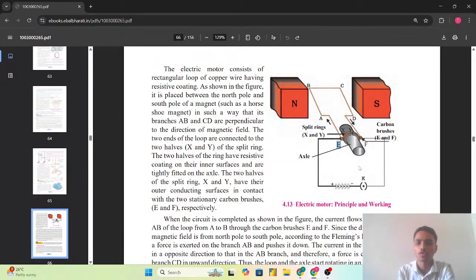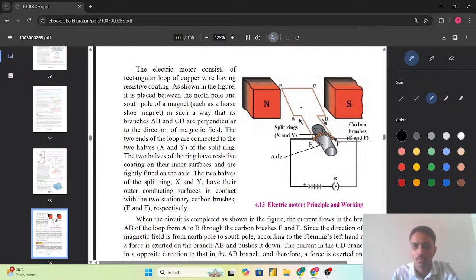So the force on the conductor, that is the rectangular coil, will act in one direction, and the rectangular coil will move accordingly.